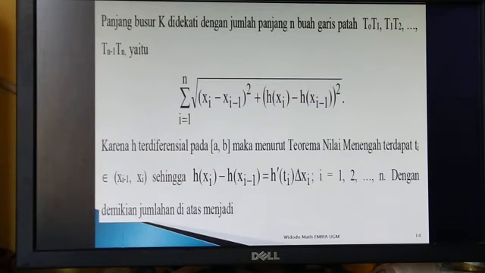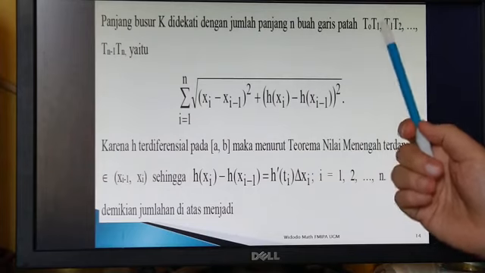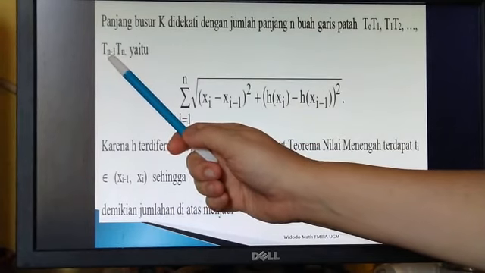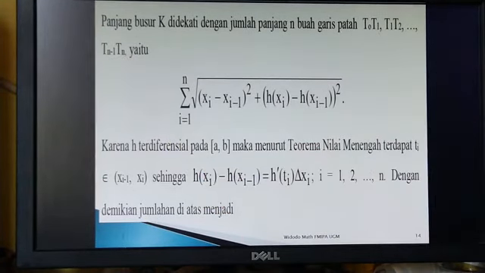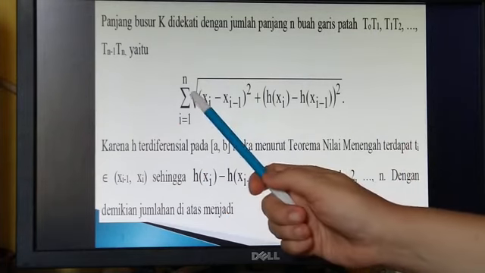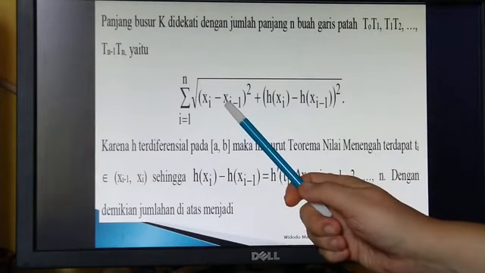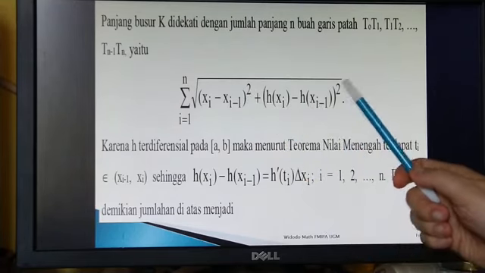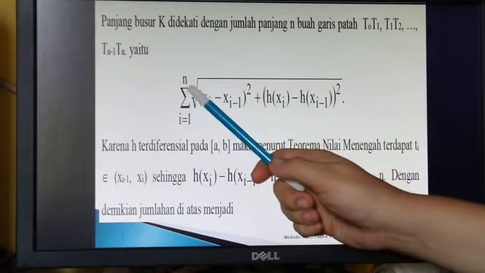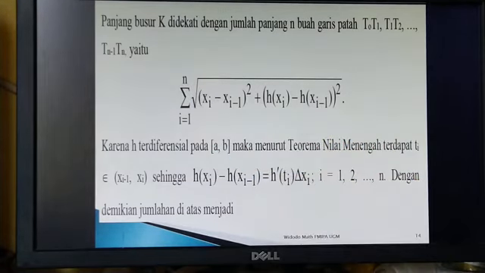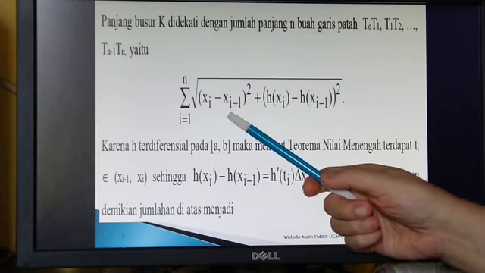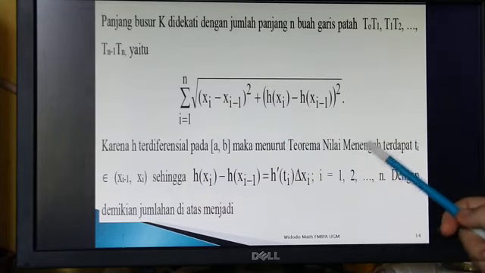So after we have the partition, then we have the straight lines T0 T1, T1 T2, and so on until T(n-1) Tn. And the straight line has a distance. The distance is actually the square root of (xi minus x(i-1)) squared plus (h(xi) minus h(x(i-1))) squared. And then we sum up from 1 until n. But then from the interval [x(i-1), xi], we use the mean value theorem.